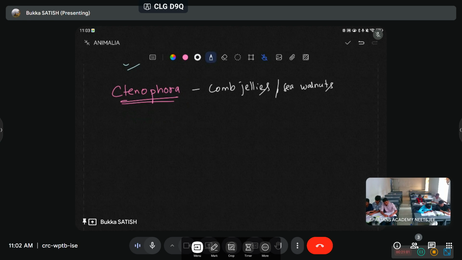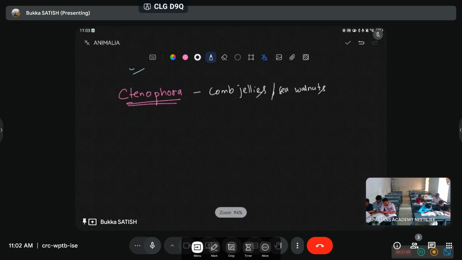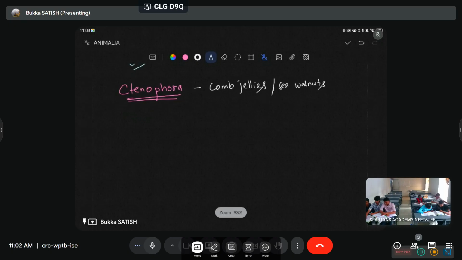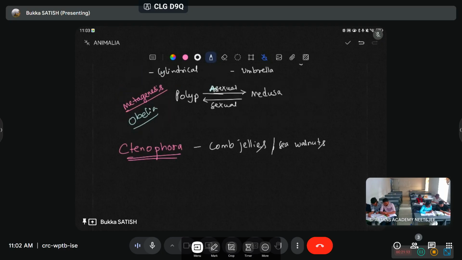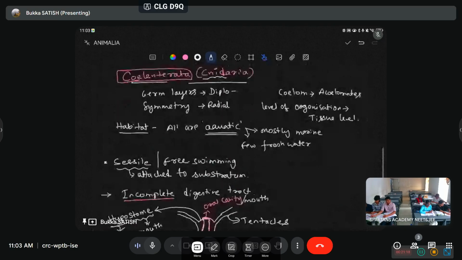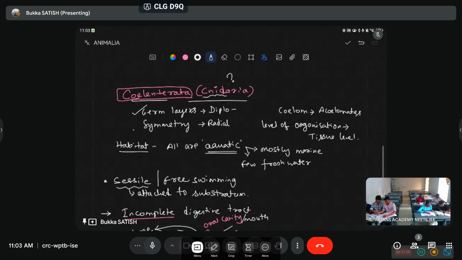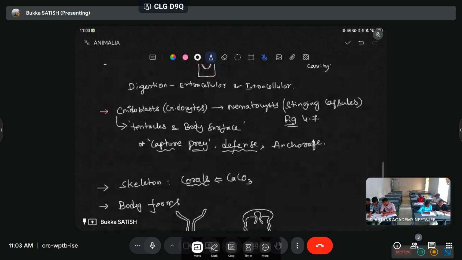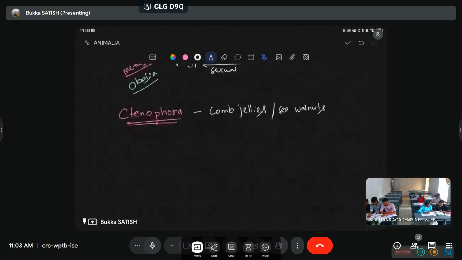Sea walnuts is the common name of this group. Whatever we have written here related to Coelenterata, germ layers, symmetry, coelom, level of organization, all these are same for Ctenophora also. There is no change at all.